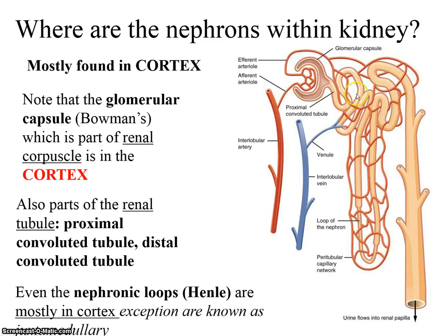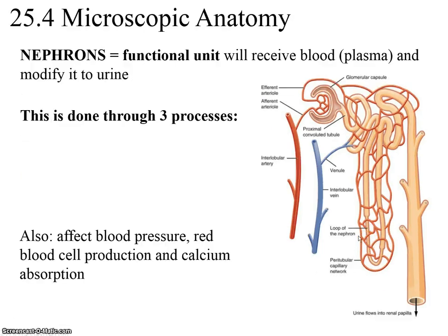And they're named for how close they are to this thing, right? Close, far, okay, so proximal, distal. In between them, they are joined by loops, right? Known as nephronic loops or loops of Henle. And most of the loops are in the cortex, though we have some very long loops that can go quite deep into the medulla or those medullary pyramids.